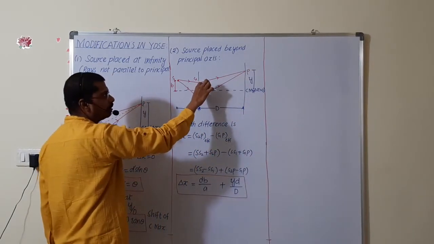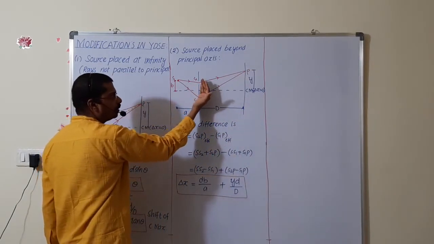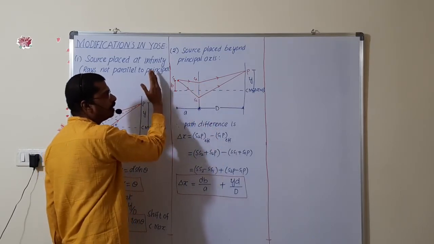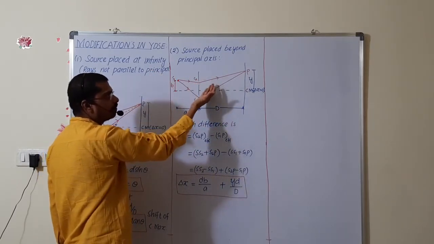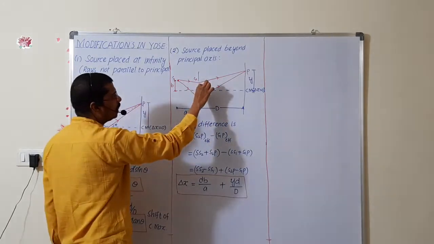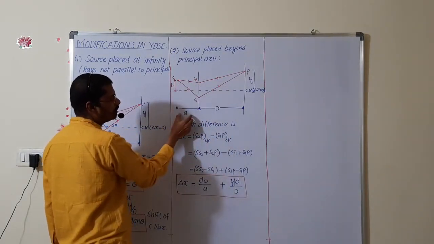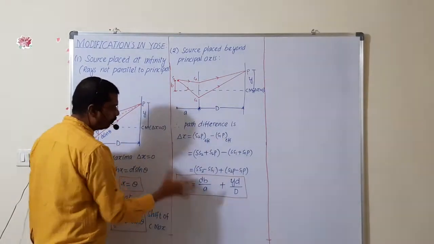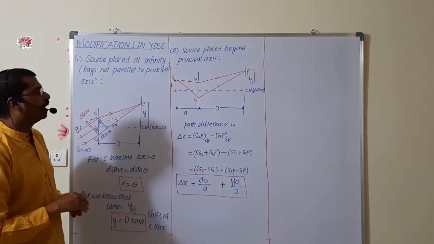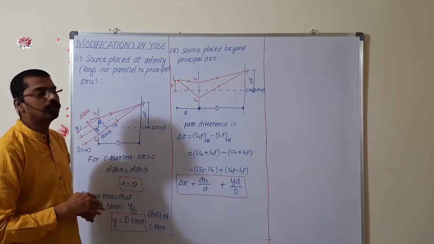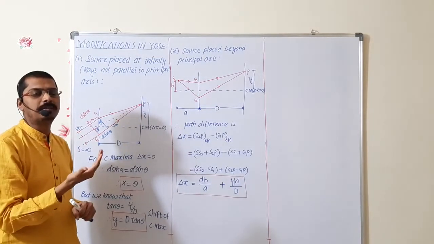Again here according to this one, what will happen? To these two slits, again it will be Young's double slit of the mirror image. Then vertical distances dB upon horizontal distance. This is our horizontal distance. This is the formula for path difference to find whenever the source is placed above the principal axis or below the principal axis.